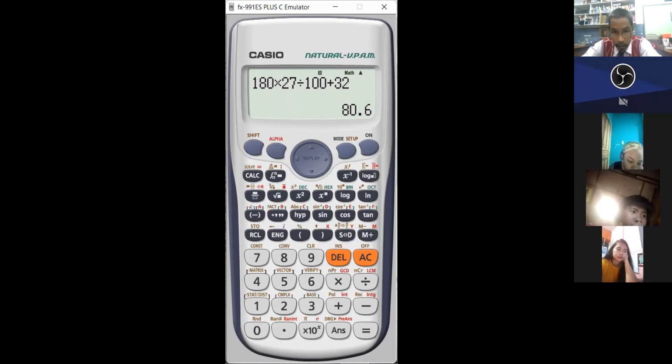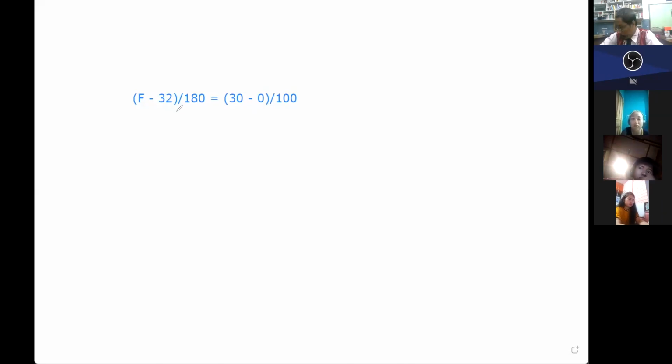So therefore, let us go back to our whiteboard. Okay. Let's go back. Where is our whiteboard? So the answer to this is what? The answer to this is F is equal to 87, or 86.